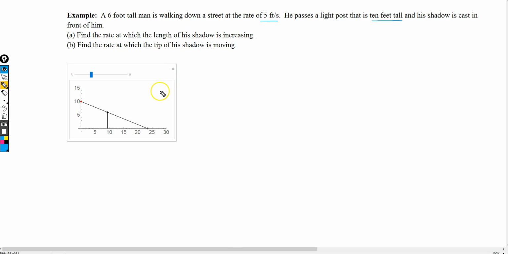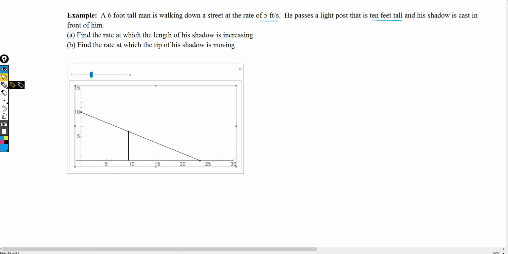Well, all right, we need to draw a picture. Down here we already have a picture drawn for us. Let's make that a little bit larger. So here's our man, this stick figure, just that line, and he's walking down the street.